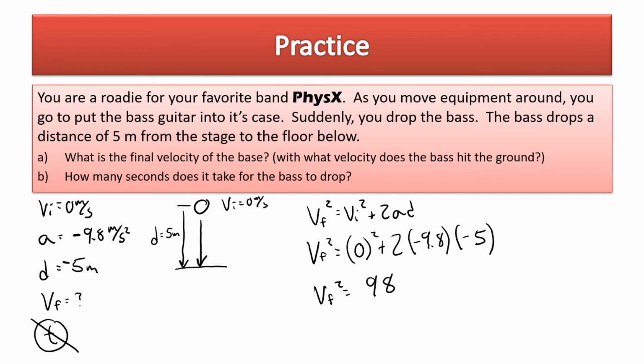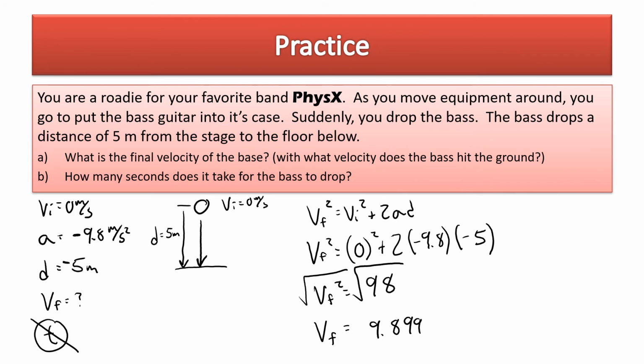And what you want to do at this point, 2 times 5 is 10. 10 times 9.8 is 98. What you want to do now is take the square root. Okay, and when you're taking the square root, you're actually going to get 2 different answers. You could either get positive 9.899. That's a long decimal.